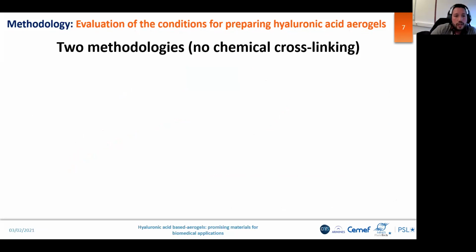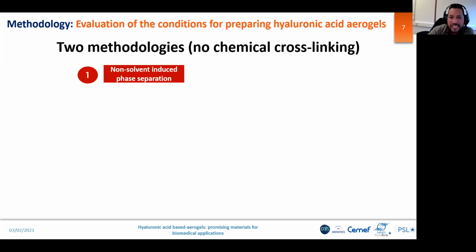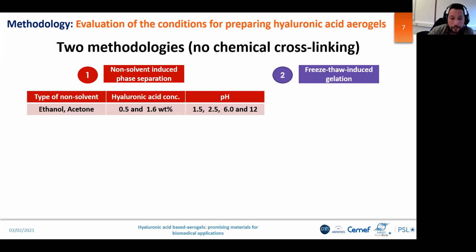In order to evaluate the conditions for preparing hyaluronic acid aerogel, we started with two methodologies, both without any chemical cross-linking. It means we're starting with the native hyaluronic acid. The first methodology was the non-solvent induced phase separation, and the second one was the freeze-thaw-induced gelation. For both methodologies, we changed different parameters. For the first one, we modified the type of solvent, ethanol or acetone.